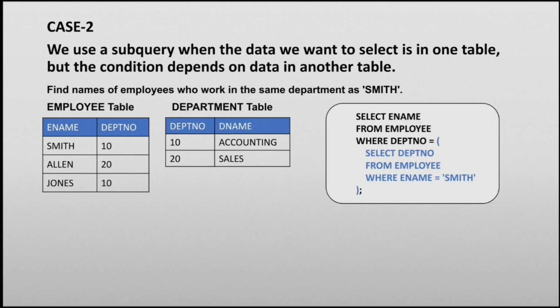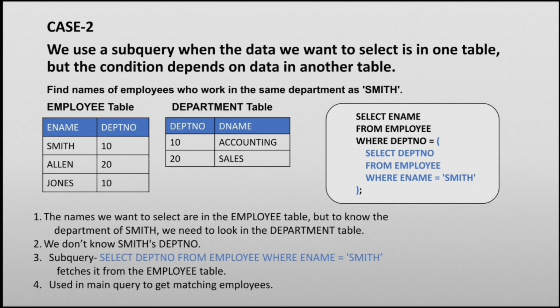So we can write the query as: select ename from employee where department number is equal to (select department number from employee where ename is equal to Smith). So in this scenario, the names we want to select are from the employee table. But to know the department of Smith, we need to look in the department table.